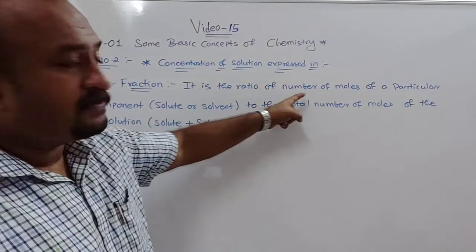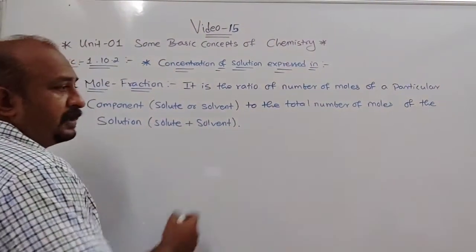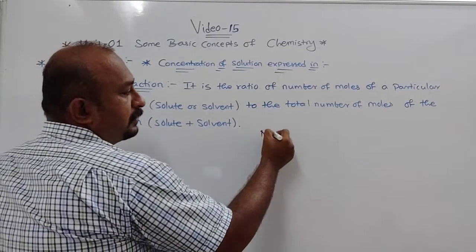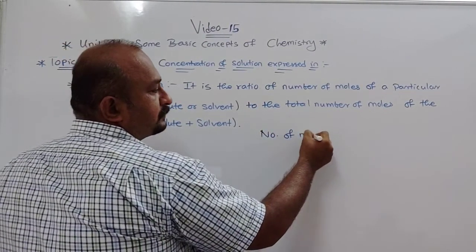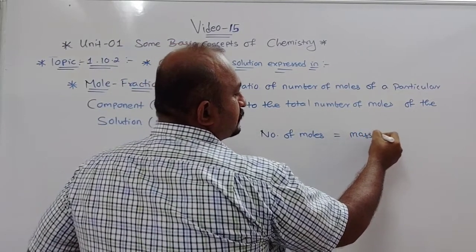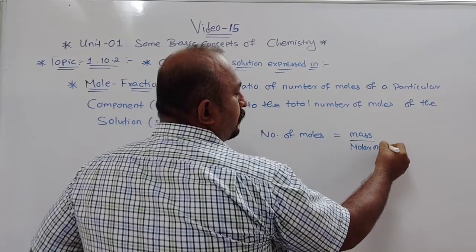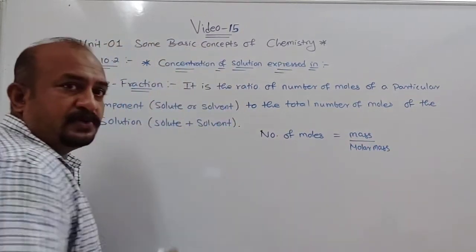It is the ratio of the number of moles. Now, when we say moles, we know the formula of moles: number of moles is equal to mass upon molar mass. So this way you can find moles.